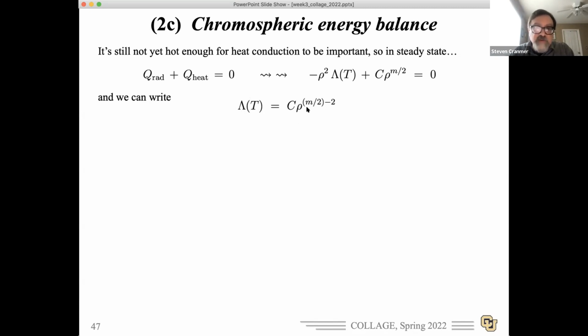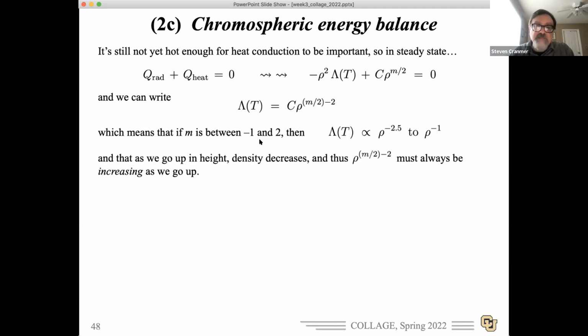If you take the values of m that we worked out last time, we found that values between -1 and +2 are the reasonable range. And if you plug those in, this basically says that the value of the radiative cooling function is proportional to the local density to some negative power, which means as you go up in height, the density goes down, and this density to a minus power is something that's increasing as you're going up in height.